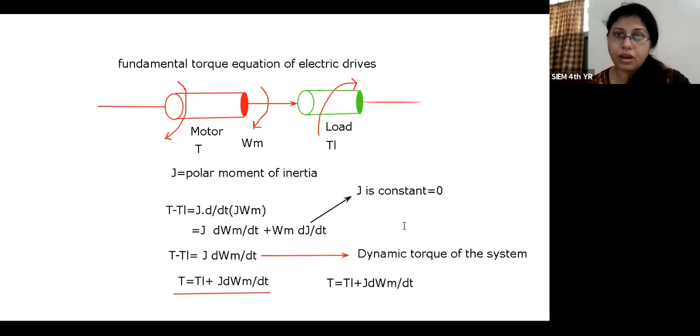Please write down the equation. Then I will start a new topic, that is the 4-quadrant operation. Done, ma'am. Okay, Hira. Thank you. Okay, then I am clearing all.